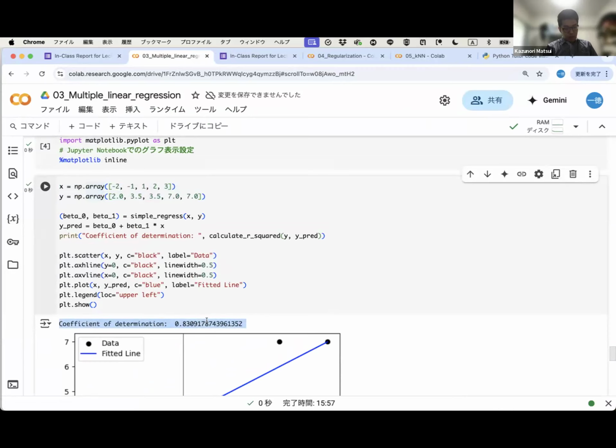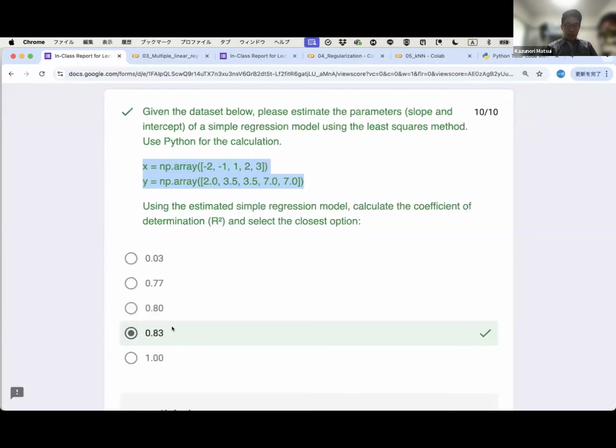The output result is about 0.83. So the answer is 0.83. Okay.